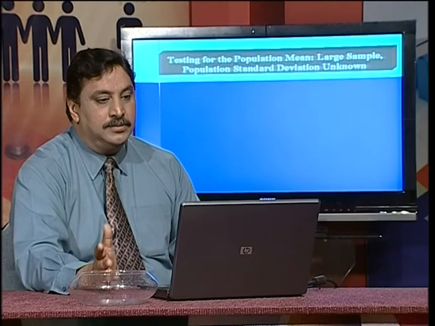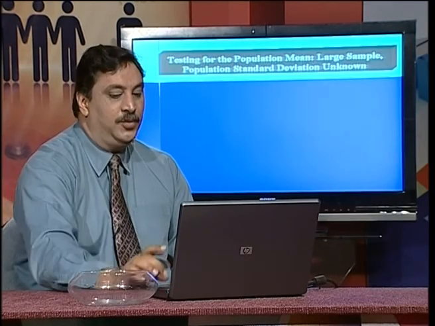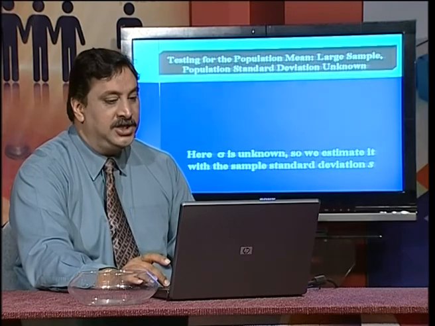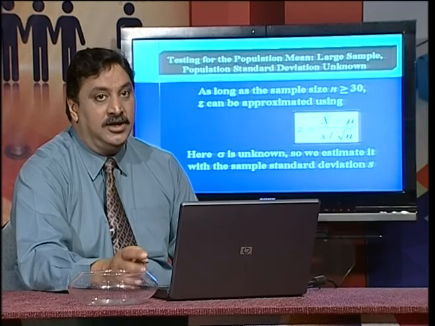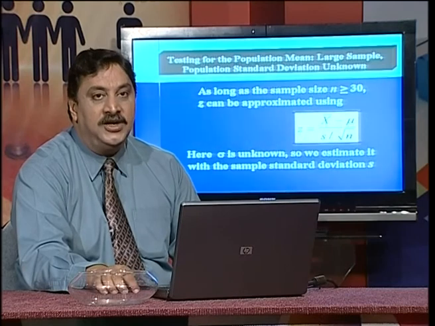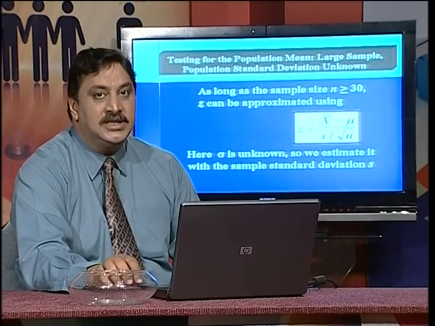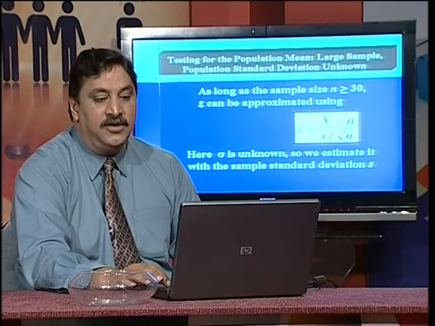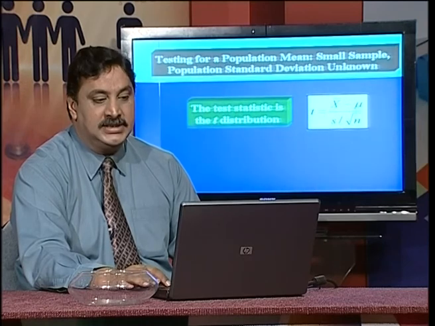We also use the z-test for a large sample when the population standard deviation is unknown. Generally here sigma is unknown, so we estimate it with the sample standard deviation S. If the sample size n is greater than 30, generally we use the z-test, and if the sample size is less than 30, then we use the t-test.